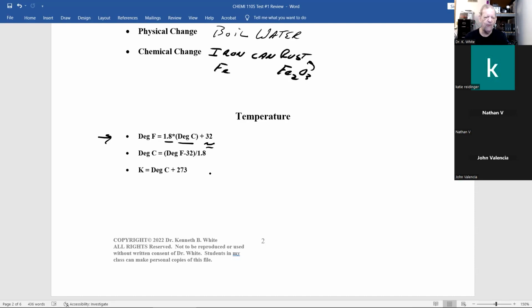Again, multiply 1.8 times degrees C and then add 32. Now, in this formula, it's important to do what's in the bracket first. Take degrees F and subtract 32, and then divide by 1.8.